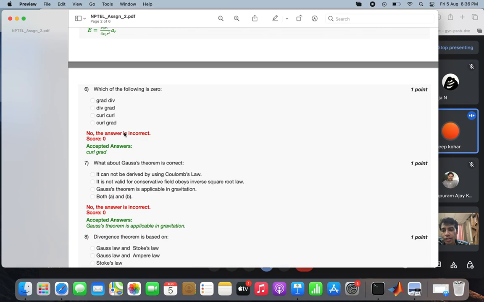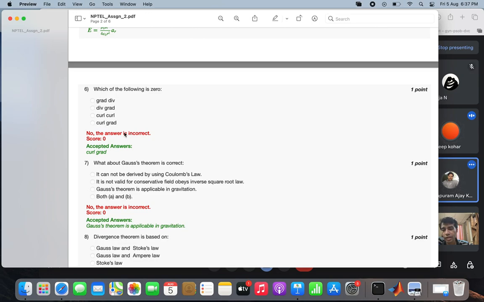Okay, why do you think that curl of gradient is 0? If you find the gradient, you will get a vector, no? And when you take the curl of that vector, I think it is going to be 0. But no, those vectors can have other components, so we will get other components, right?